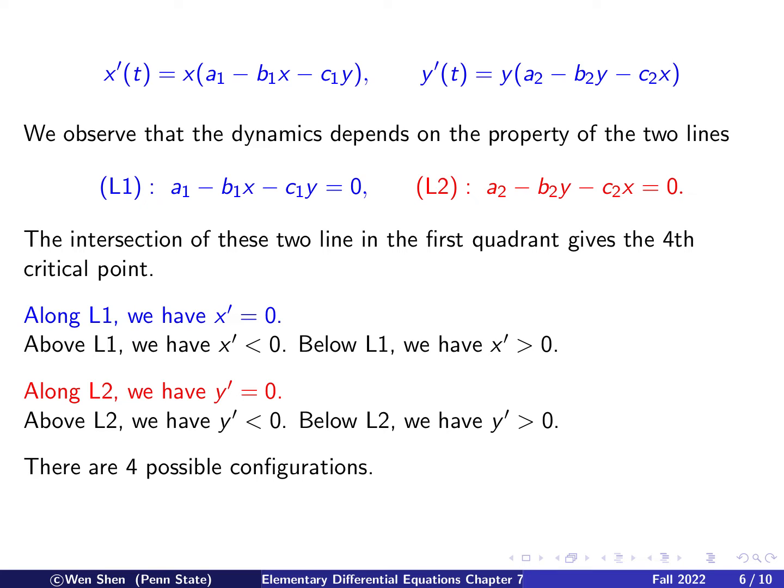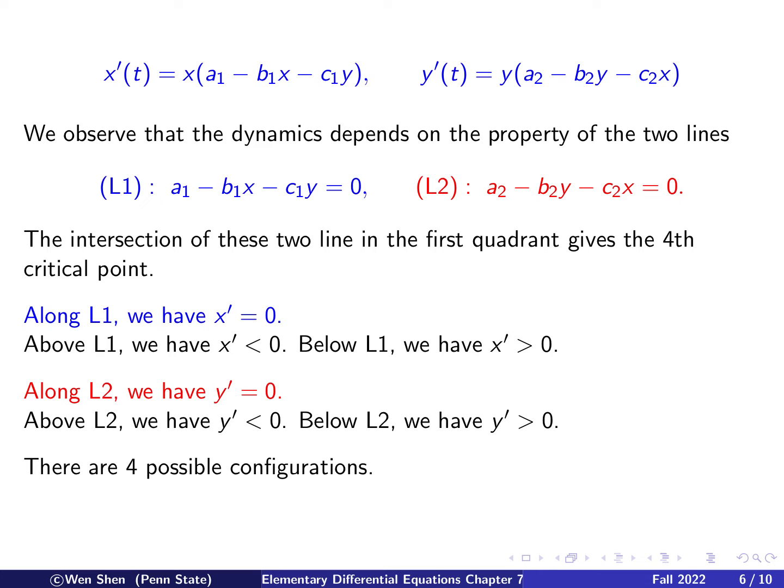Okay, so solely looking at the configuration of these two lines in the first quadrant and their relative position to each other, we see that there are four possible configurations. One group is that these two lines never intersect in the first quadrant, and then line 1 could lie above line 2, or line 1 could lie below line 2.